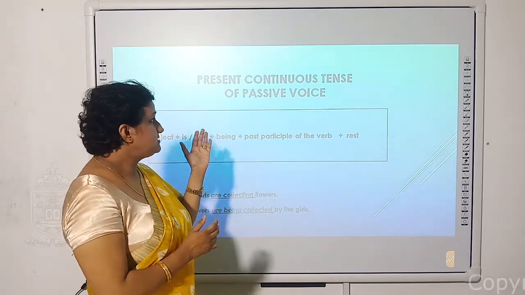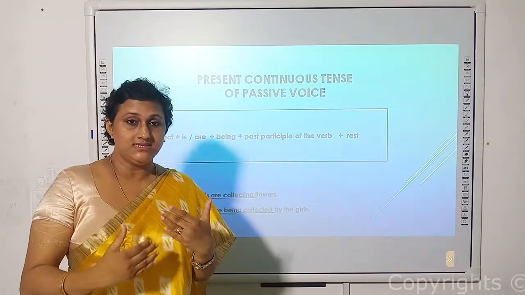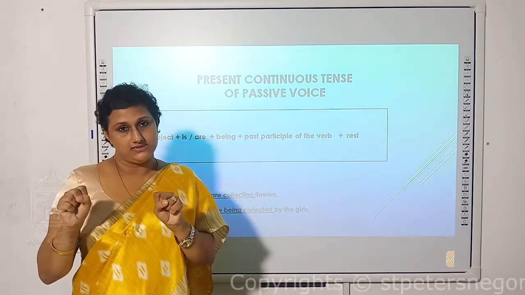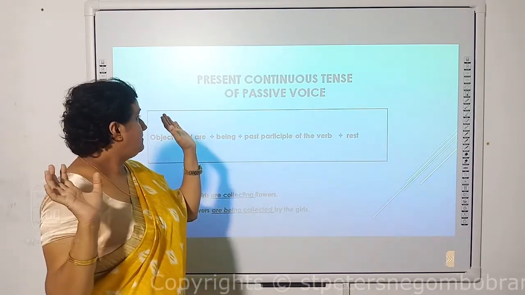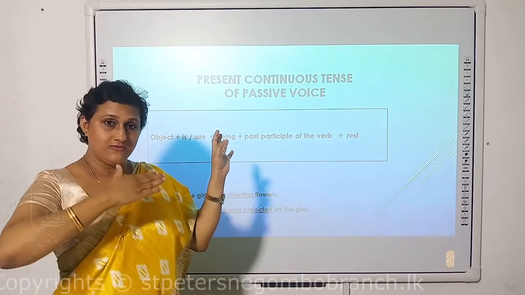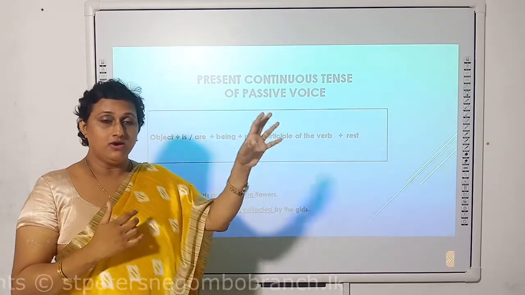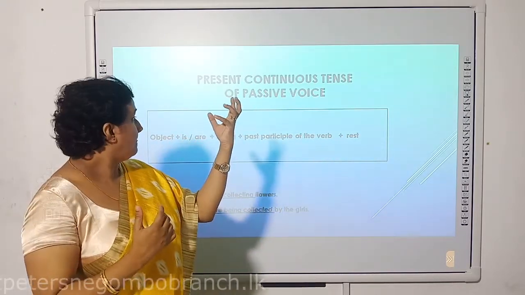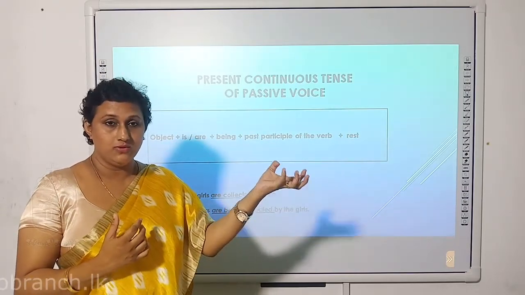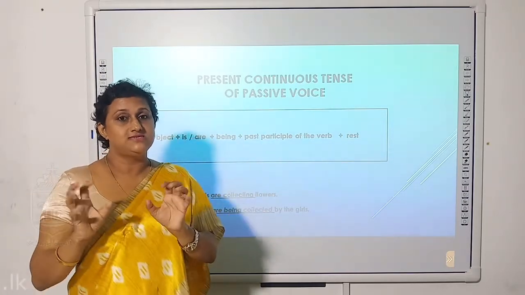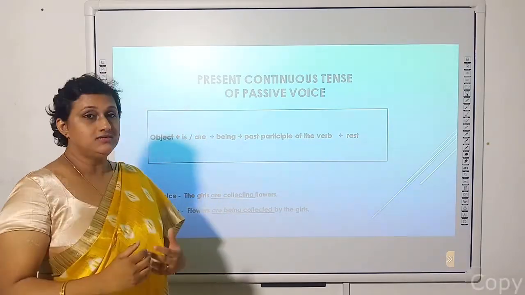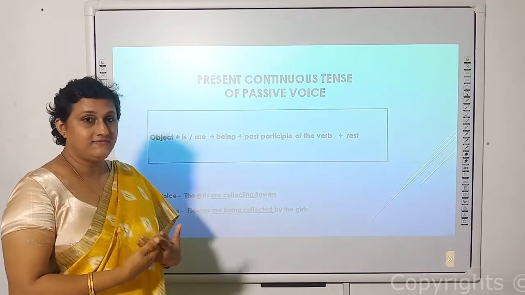Here in the continuous tenses, we have only the first two categories, present continuous tense and past continuous tense, from active to passive, and we are not going to have future continuous tense in passive voice. We don't use that. We use only the first two, right? So we'll move on to the first one. Present continuous tense of passive voice.